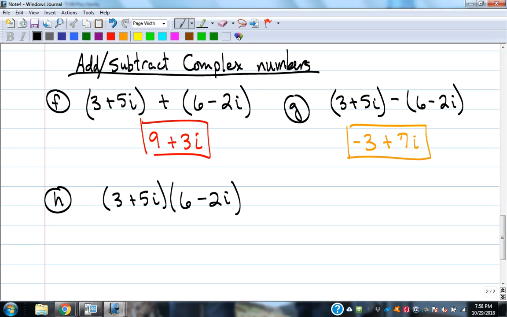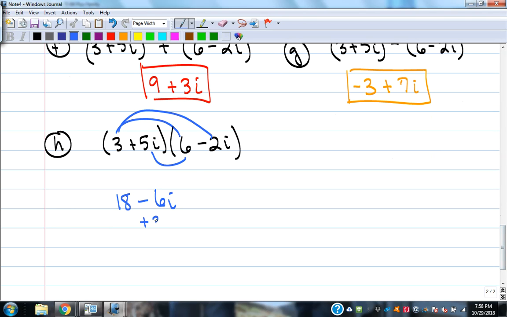If you're doing it by hand, it's 3 times 6, that's 18. 3 times negative 2i would be negative 6i. And then 5i times 6 would be plus 30i. And then 5i times negative 2i would be negative 10i squared.